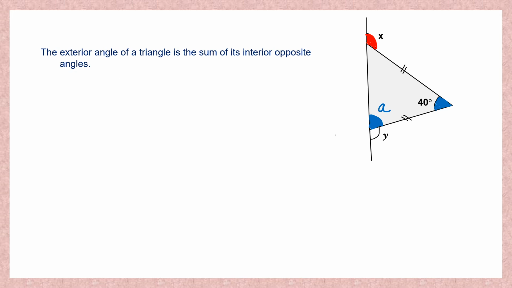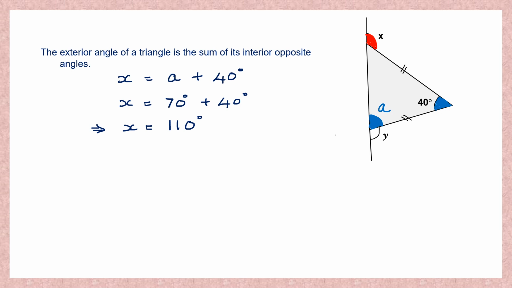So let's write that X is equal to angle A plus 40 degrees. So X is equal to A, we found out to be 70 degrees. Now let's add 40 to it. So X will be equal to 70 plus 40, which is 110 degrees. So now we found the value of angle X to be 110 degrees.